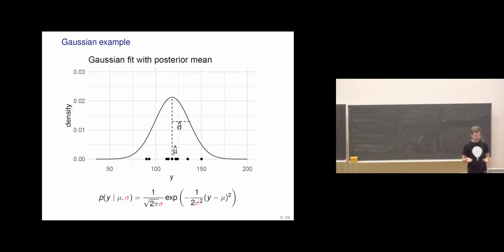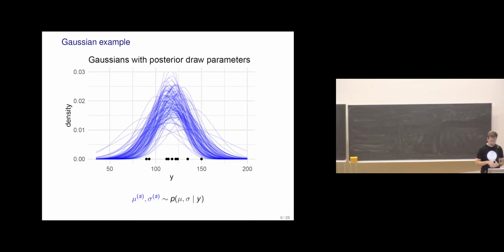But we don't want to use just these point estimates. We know we have uncertainty about mu and sigma. I first illustrate that these are different normal distributions which could explain this data.